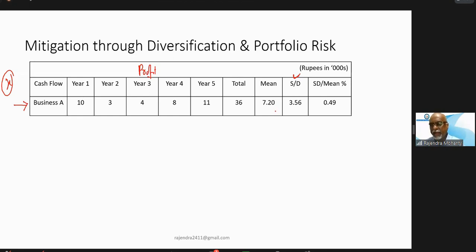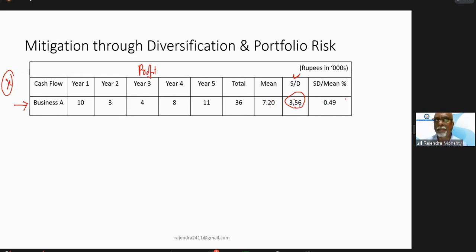Same way, we find the mean, then the deviation, then square the deviation, then sum the squares of deviation, then find the average by dividing by n minus 1, then take the square root. I have calculated that it comes to 3.56. Now another column we have to calculate is the standard deviation to mean percentage.